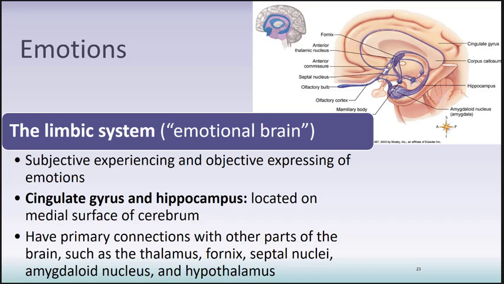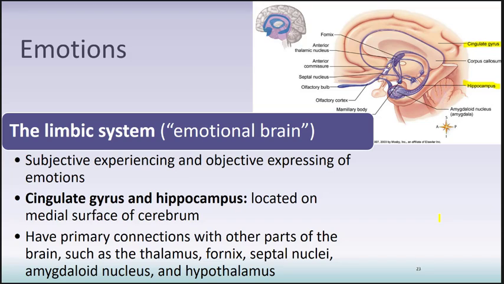Now on to emotions. The subjective experience of emotions and the objective expression of emotions involves functioning of the limbic system that's found within our cerebrum. The image on the top right here shows you the medial surface of the cerebrum, and this is where most of the structures lie that are part of the limbic system, which includes the cingulate gyrus as well as the hippocampus.